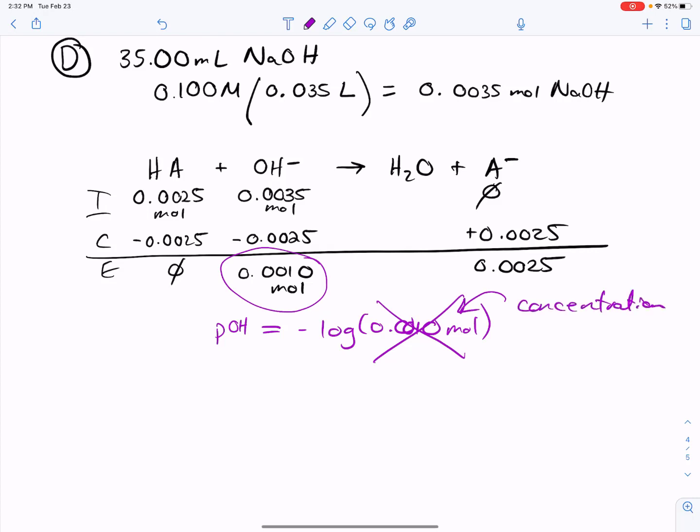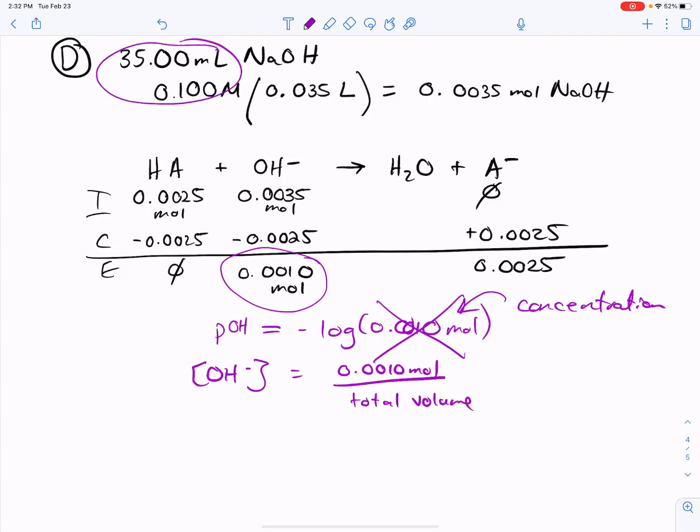And so in order to figure out our concentration of our hydroxide, it needs to be our moles, which we have 0.0010 moles, over my total volume. Once again, that's not 35 milliliters. It's 35 milliliters plus 50 milliliters initially. That's important.